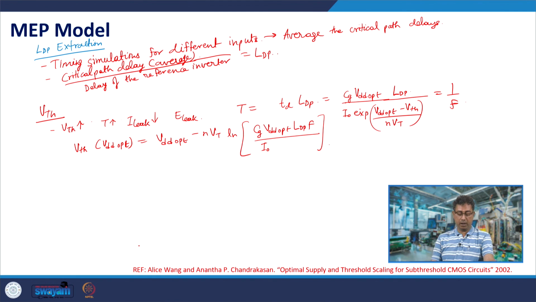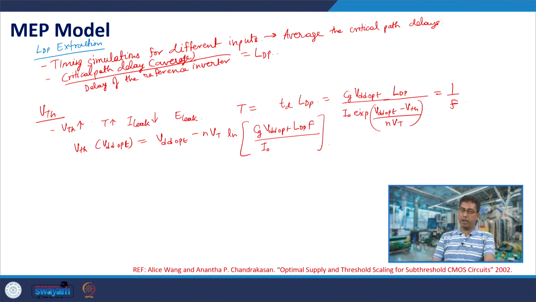So, what does this give us? Now, if you have a VDD, you have come up with a VDD optimum. Now, to obtain a certain speed of the system, that is a certain clock frequency of the system, what is the threshold voltage that you should have?